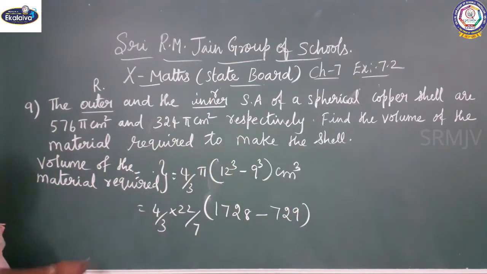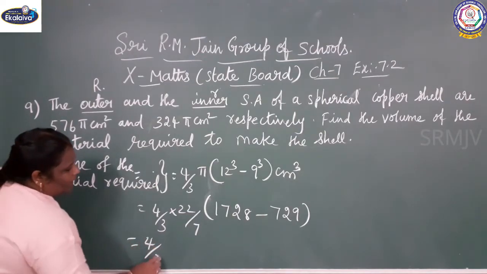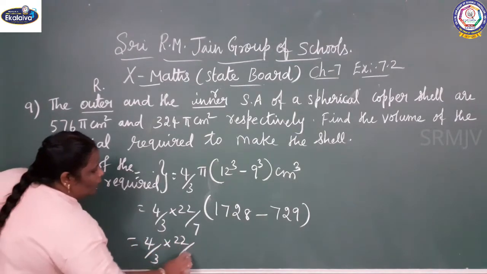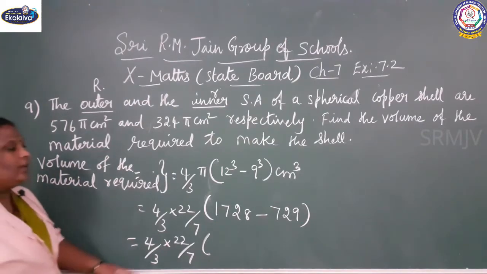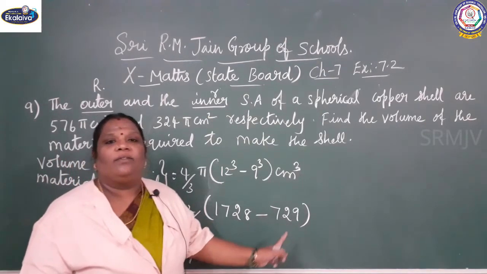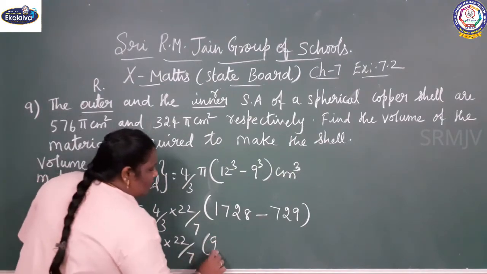So it gives 4 by 3 into 22 by 7 into 1728 minus 729.